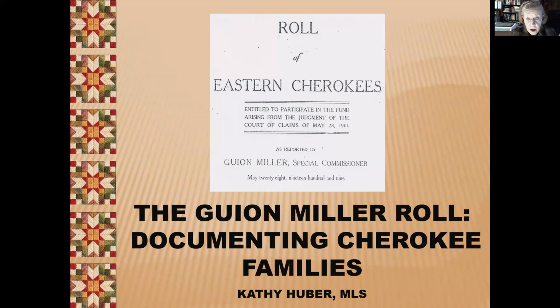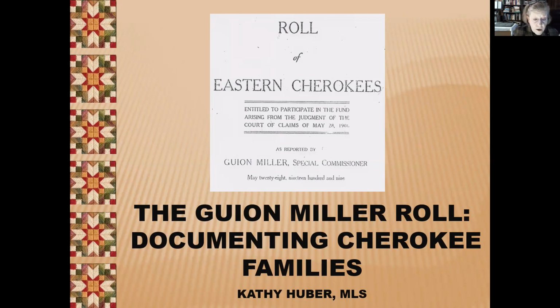As most of us know, the purpose behind the Dawes rolls was the eventual land allotment that was going to occur for Oklahoma to become a state. Whereas the Guion Miller roll is a payment roll. So the bottom line is, if you were accepted on this roll, or they call it admitted, then your ancestor got a payment.